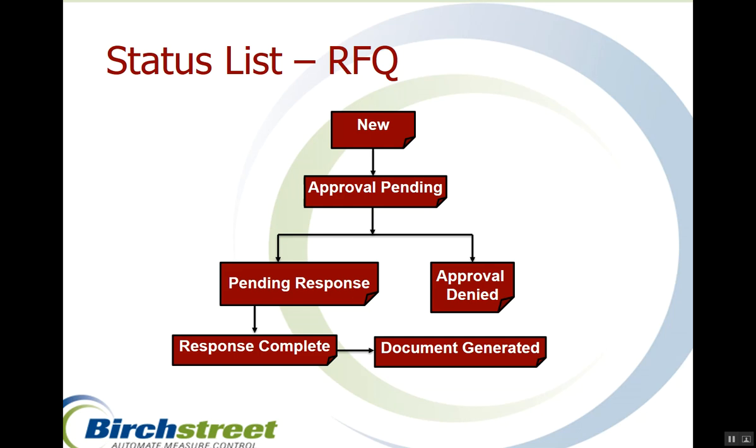That means your purchasing department already sent all the requests to the supplier, and they are still waiting for the supplier to revert back with the price and the latest quantity or price they have. The purchasing department needs this information to put into the system. Once the purchasing department has input all the necessary information into the system, the status will become response complete.